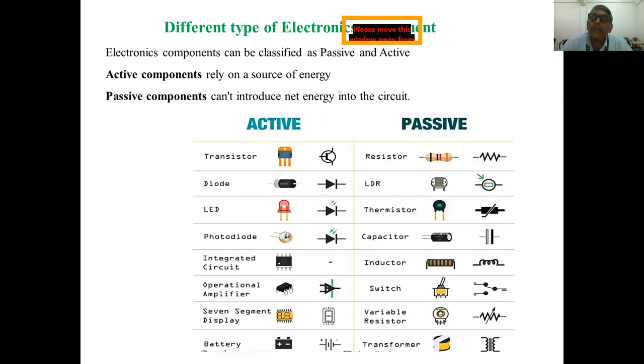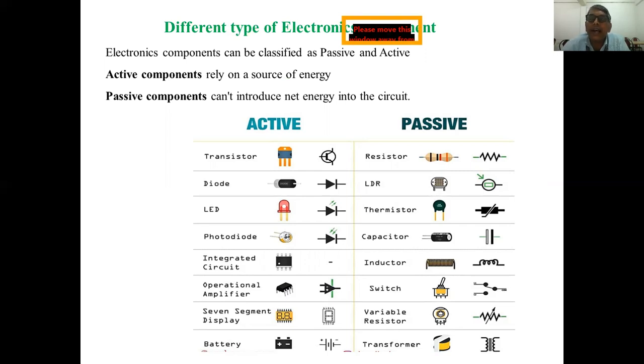Coming to active components, widely used nowadays are transistor, diode, LED, photodiode, integrated circuit, operational amplifier, display devices, battery.